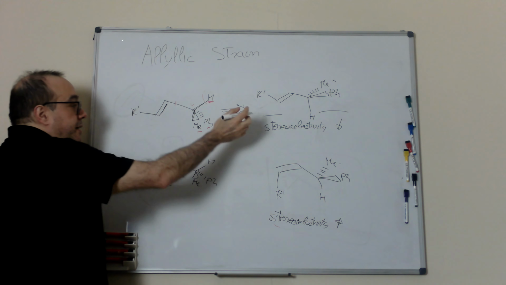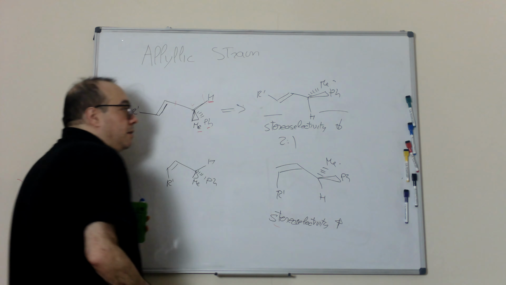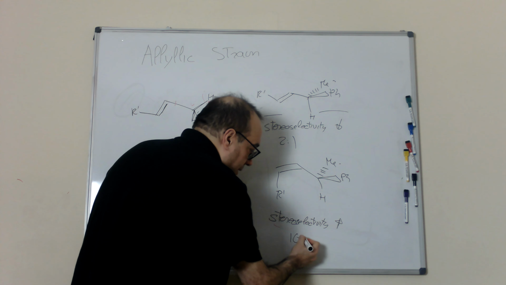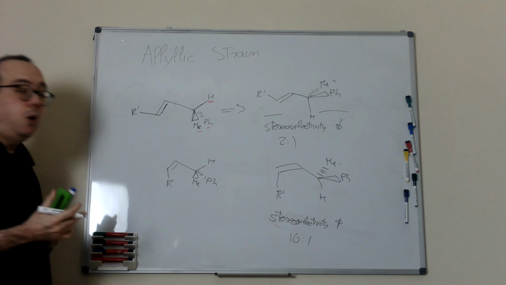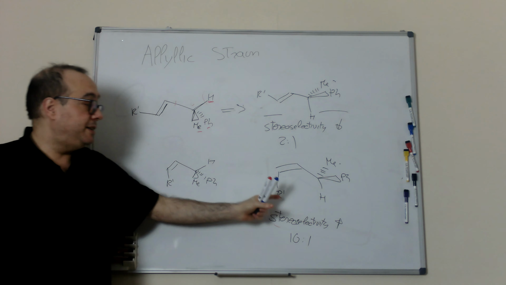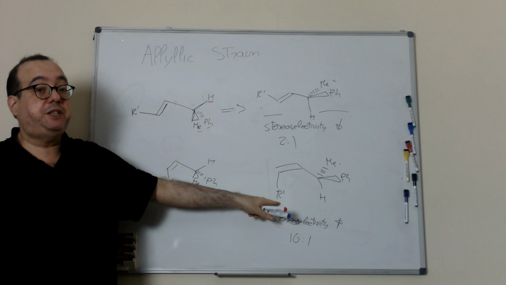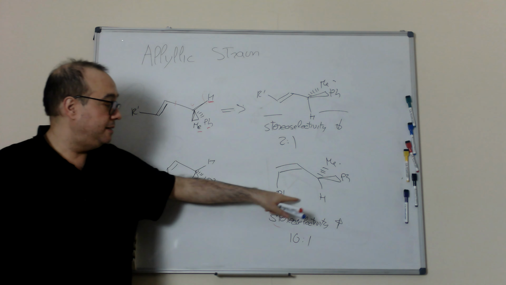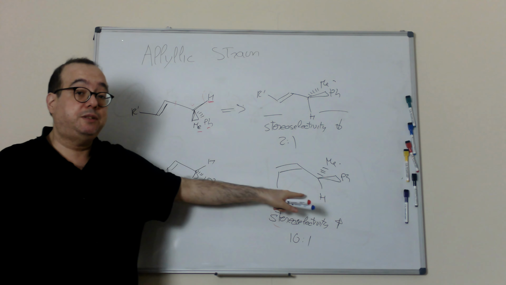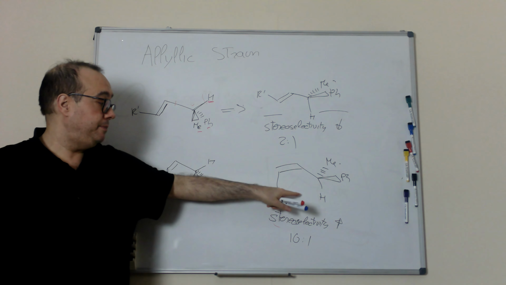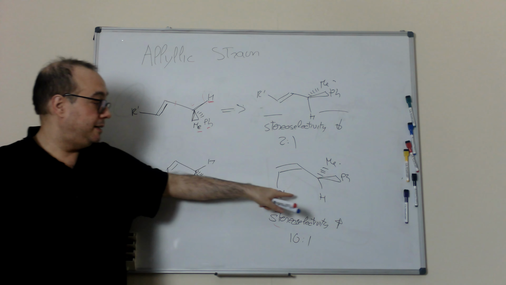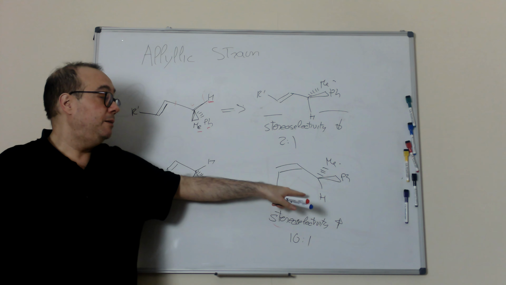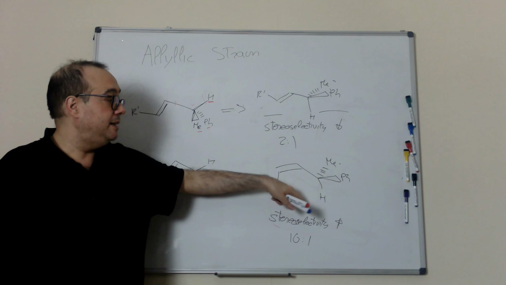That means if, for example, here we have 2 to 1 between the two possible diastereomers, here I will have, for example, 10 to 1. Why? Because in this case, as I have a substituent in this position, in the cis position, I am increasing the syn-pentane interaction, making that this conformer that has a lower energy will be by far less energetic than the next one.